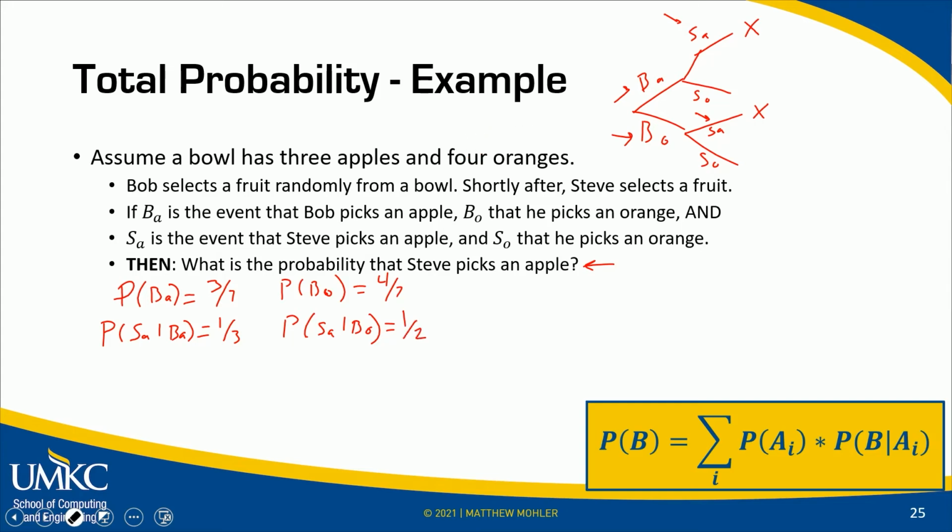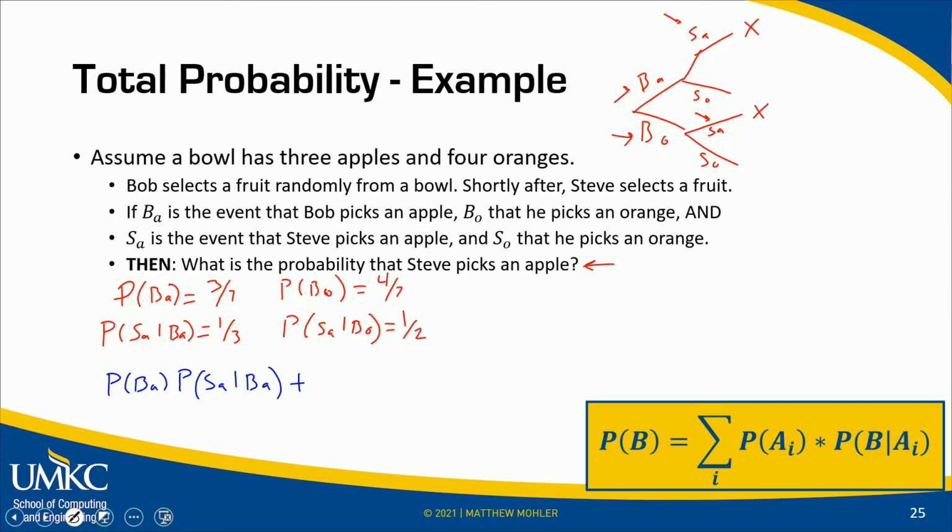So with all of this knowledge, we can go back and use our total probability theorem and sum across all of these events to find our leaves. And what that leaves us with is that we need the probability of Bob picking an apple multiplied by the probability of Steve picking an apple conditioned on Bob first picking an apple.